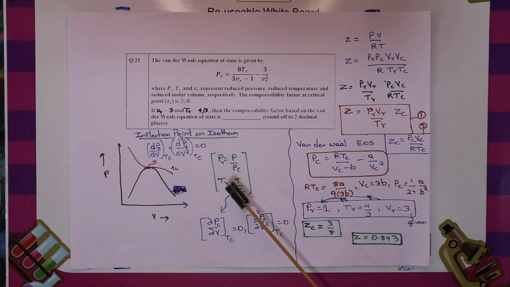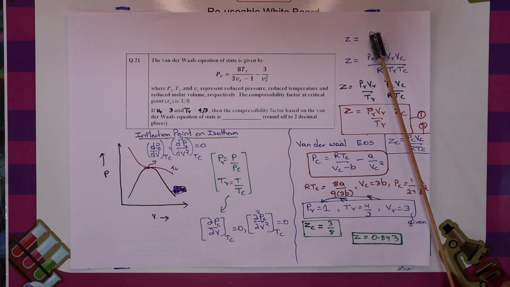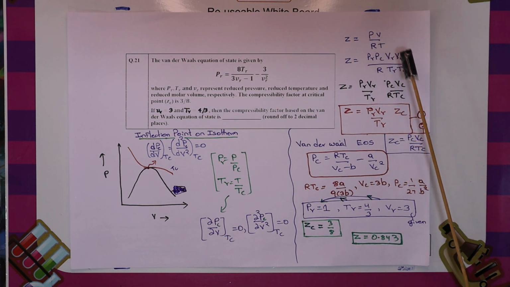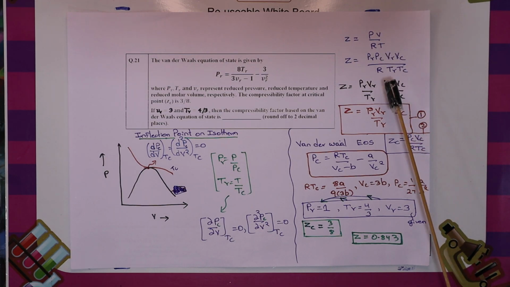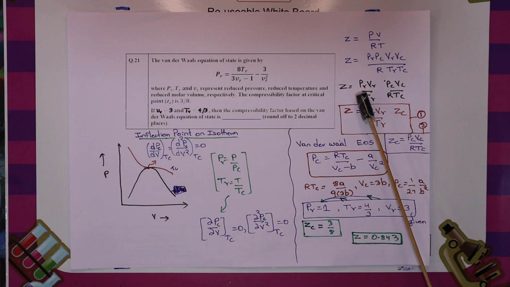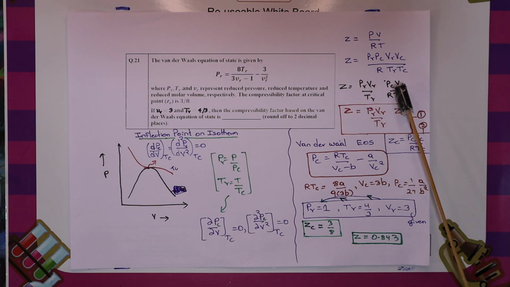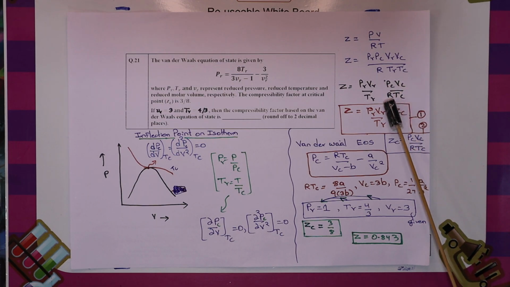Similarly, V equals VR into VC, and temperature T equals TR into TC. Separating out the reduced terms from the critical terms, we get PR VR by TR into PC VC by R TC. We know PV by RT is nothing but Z, therefore PC VC by R TC is nothing but ZC, the critical compressibility factor.